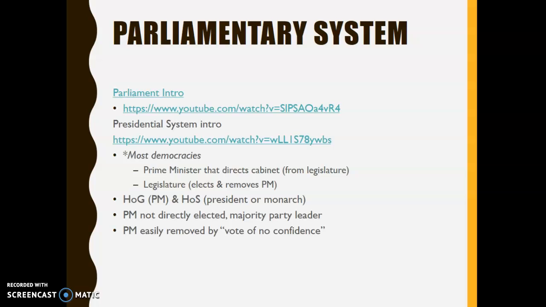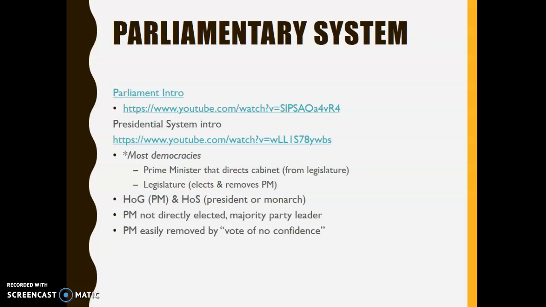Now, that doesn't mean they would do this flippantly, at a moment's notice or just on their whims. It would be taken seriously to have a vote of no confidence because, of course, if you put this person in power and then he doesn't do a good job, you're not going to look real great either if you just pull him out of power immediately.